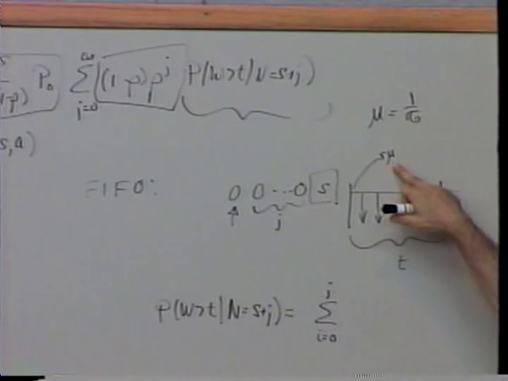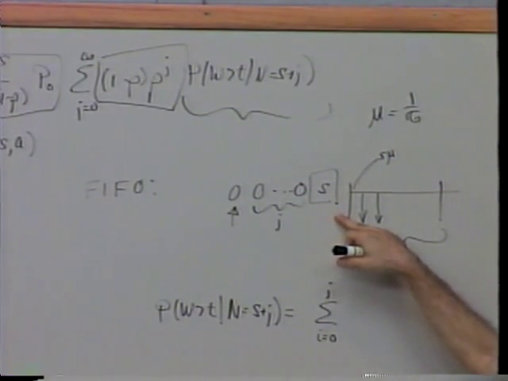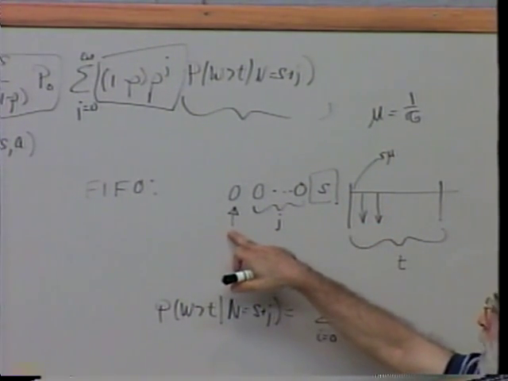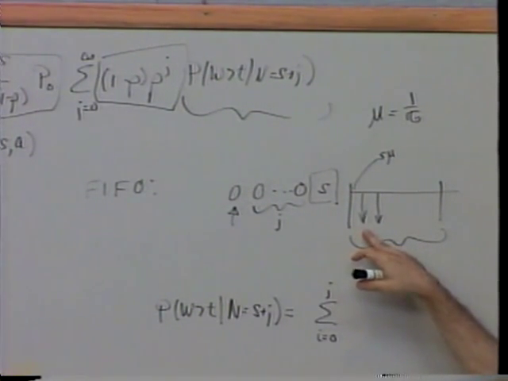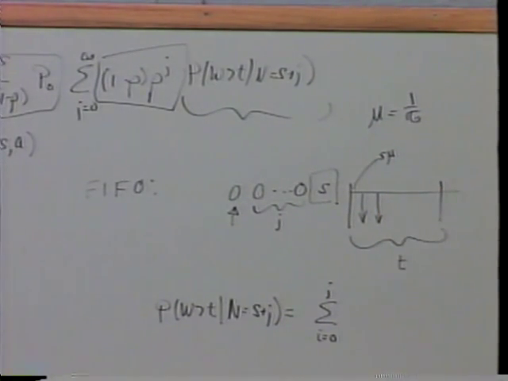So if mu is the service completion rate per server, then S mu is the service completion rate for the S servers working together in parallel. So the time from arrival of the test customer to first service completion is exponentially distributed with parameter S mu. Okay, now what happens?